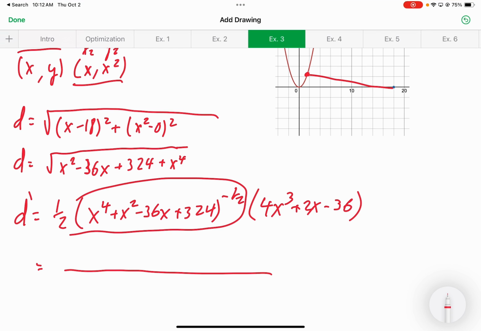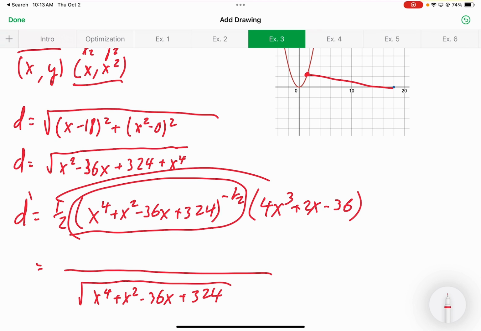This part goes in the bottom: square root of x to the 4th plus x squared minus 36x plus 324. And then let's take a half out of each one of those terms. So that stays upstairs: 2x cubed plus x minus 18.